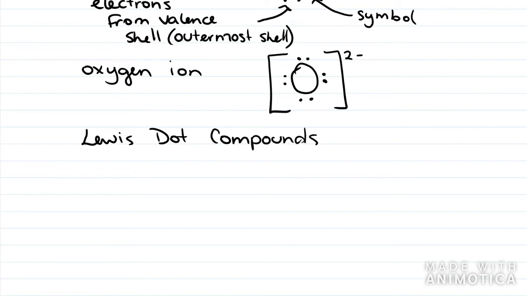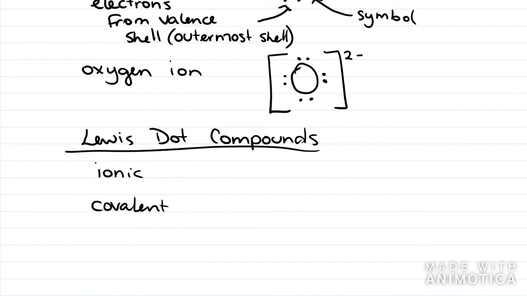So there are 2 major types of compounds that we look at, ionic and covalent. As you should be finished your naming, you'll remember that covalent is nonmetals, and these guys share electrons.